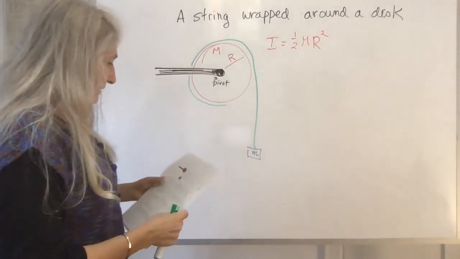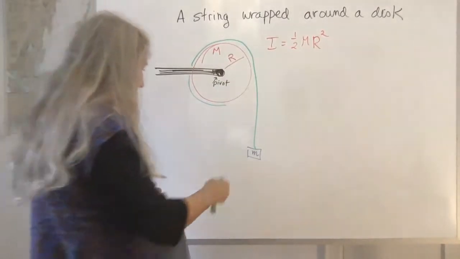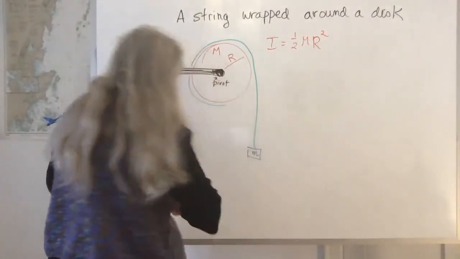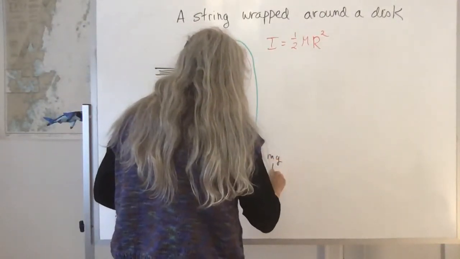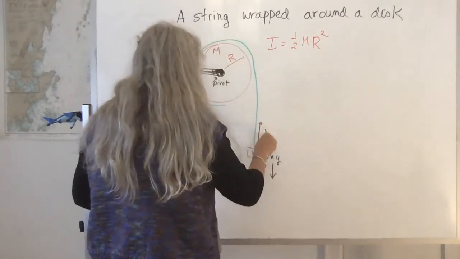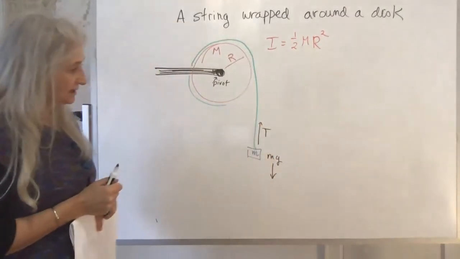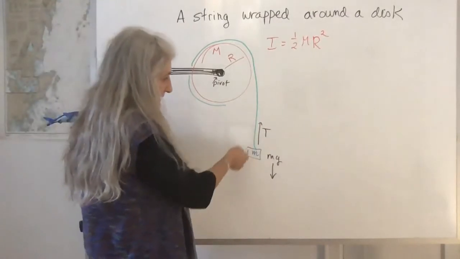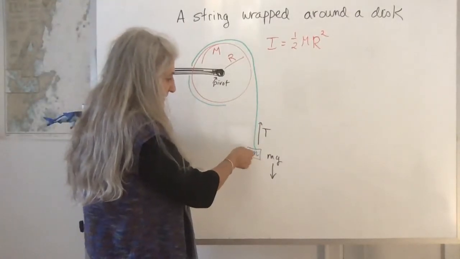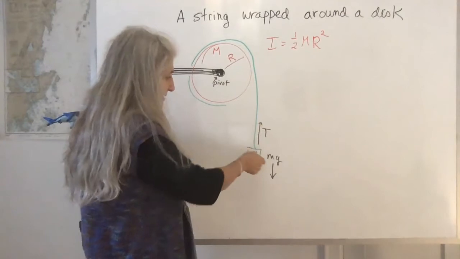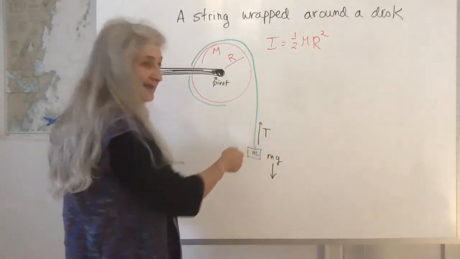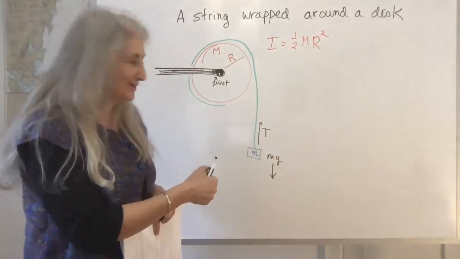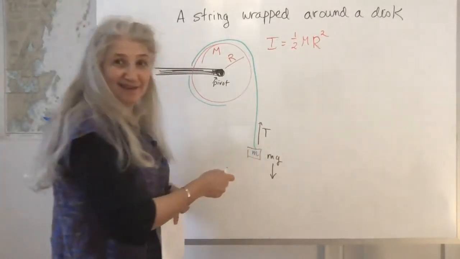Okay, good. We have gravity, so mg, and then we're going to get a tension on the string. All the forces on this little mass: we've got mg and tension, and we add them up, so mg minus tension is going to give us mass times acceleration on this little guy.